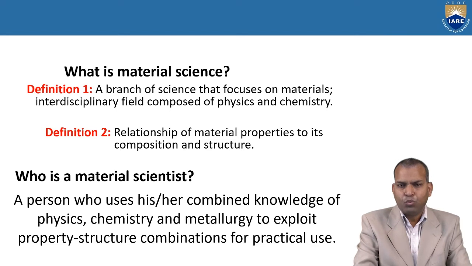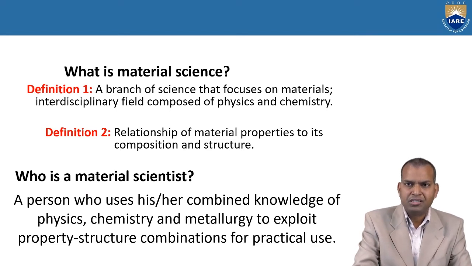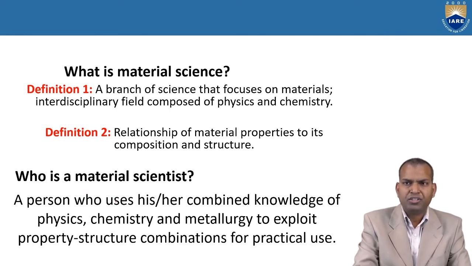So what is the definition of material science? As I told you before, it is a branch of science that focuses on materials. But what are materials about? Whenever a body is exposed to a certain external stimulus, that body gives some responses. So when the material is subjected to a certain load, there will be certain responses.